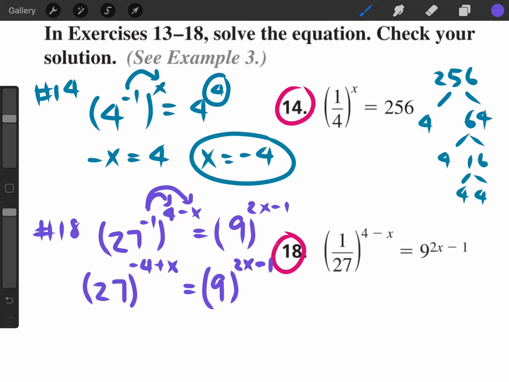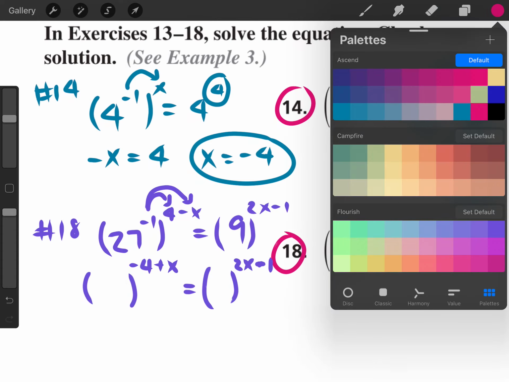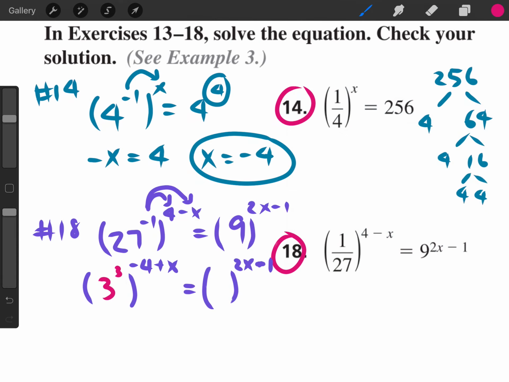Now I'm going to see what is the common base so I can rewrite 27 and 9, and the answer is going to be 3. So I'm going to erase 27 and 9. I'm going to rewrite 27 as 3 cubed and rewrite 9 as 3 squared.